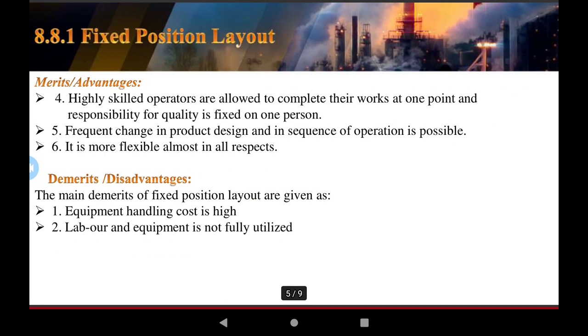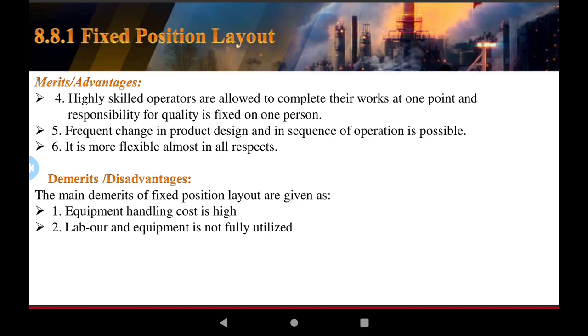The fixed position plant layout has the material advantage of highly skilled operation. All the laborers and workers in the plant layout are very skilled and are allowed to complete the work at the point where they are working.